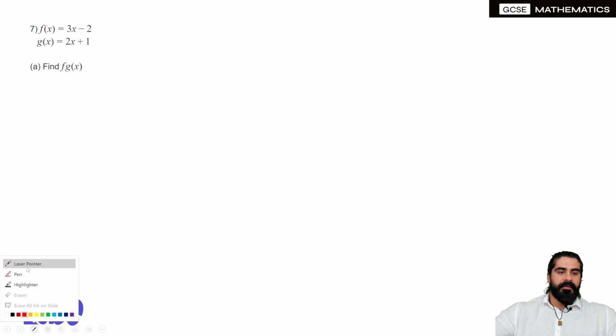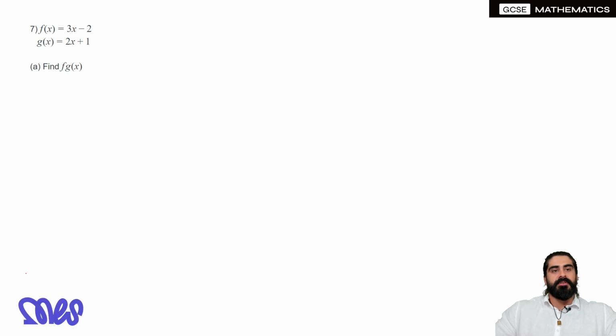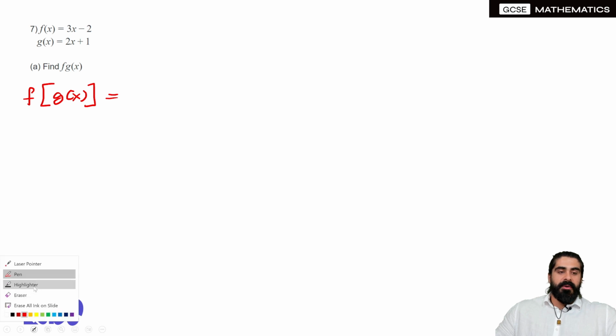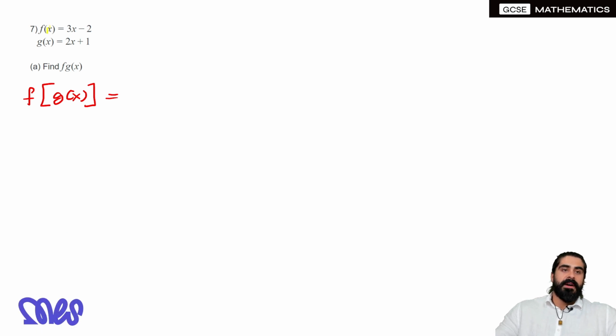Question 7, we have f(x) equals 3x minus 2 and g(x) is 2x plus 1. Find f(g(x)). So it means we're substituting g(x) into f. So when we observe the function f, wherever we see x, we are going to change it to g(x).